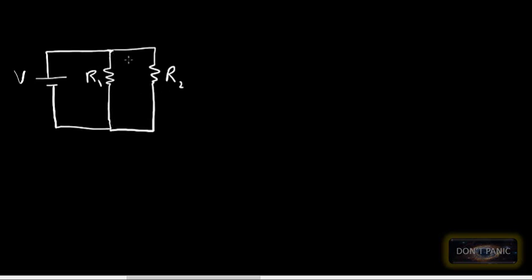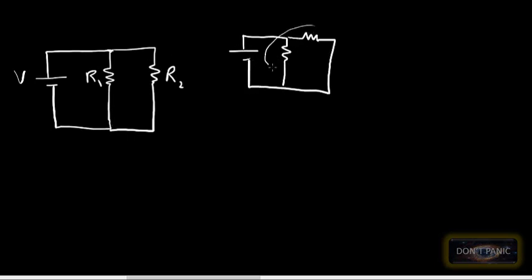Is it because they're drawn parallel to each other? Is that why? Well, okay, but they don't have to be drawn parallel like this. So even if you had drawn the circuit like this, for example, with R1 here and R2 like this, then they're still in parallel.